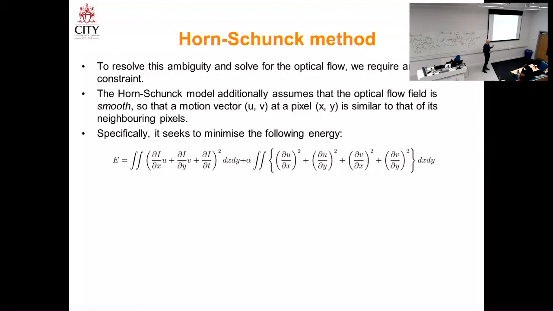And if we make that assumption, then we have a second constraint where we can now solve for the optical flow field. And in this Horn-Schunck method, they actually formulate the optical flow estimation in terms of partial differential equations.